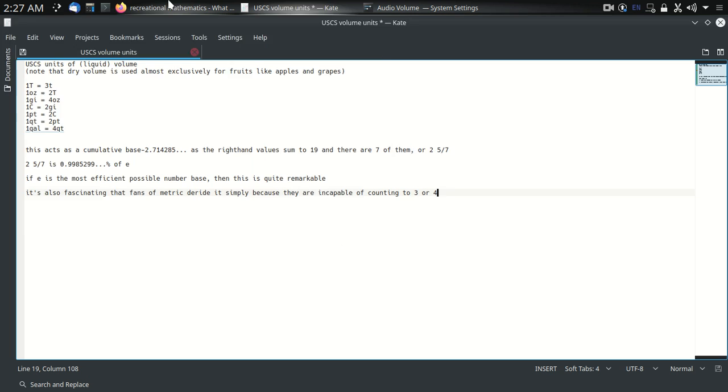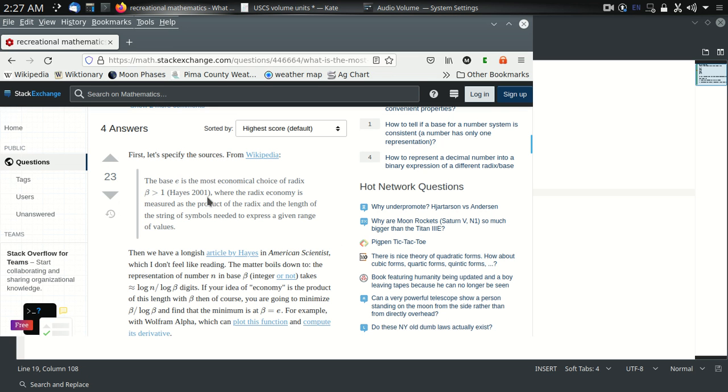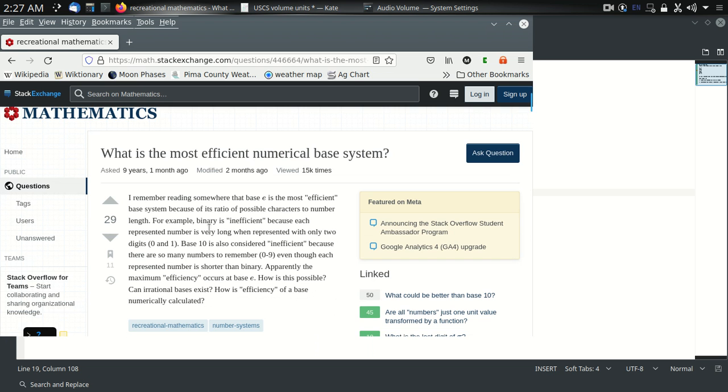So over here I have this Stack Exchange pulled up, where somebody was asking how this makes any sense. What was the original question? I remember reading somewhere the base E is the most efficient base.